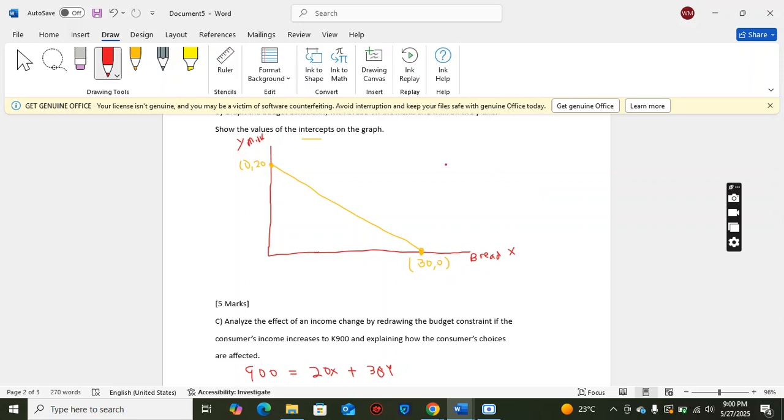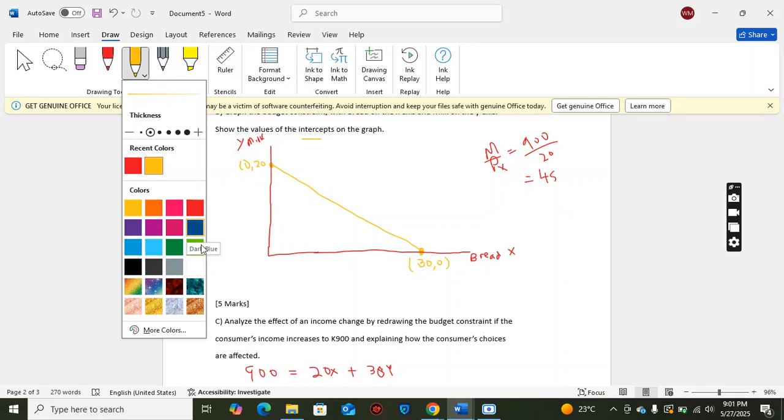So for bread, good X, if she buys only good X, remember, it's just the income over the price of good X. What values have you found? That's correct. So for good X, 45. Okay, so you have a new point.